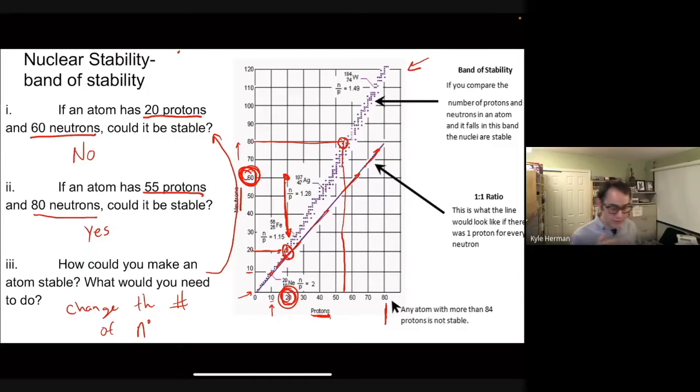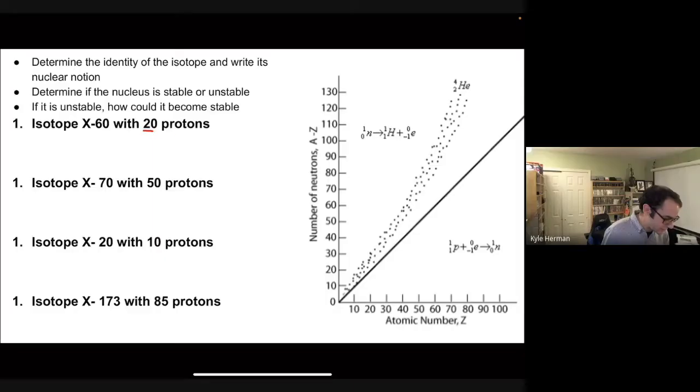Okay, so these are some other problems very similar to what we just did, but slightly more complicated. It says, determine the identity of the isotope and write its nuclear notation. We need to talk about nuclear notation real quick because we haven't really this year. So first of all, if something has 20 protons, what element is it?